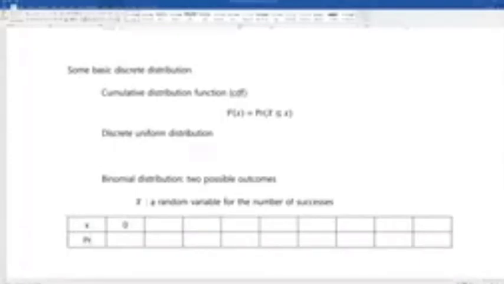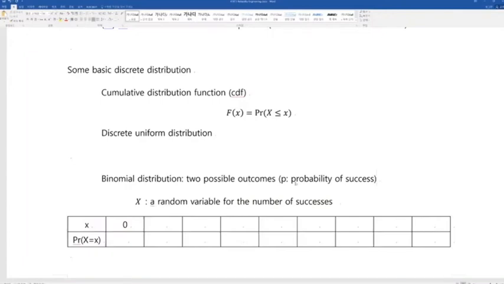So probability of X equals x. What would be the probability in that case? And p indicates the probability of success. So p is the probability that we are going to see the event that we are expecting. And also n is the number of trials.